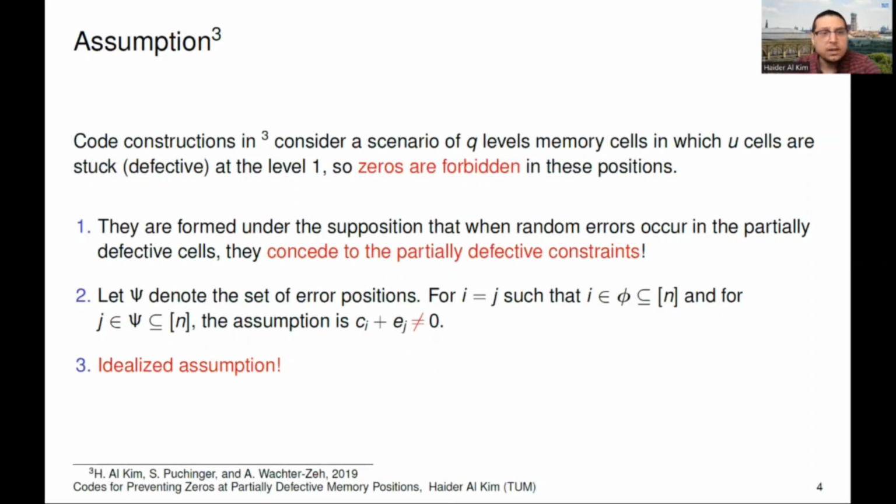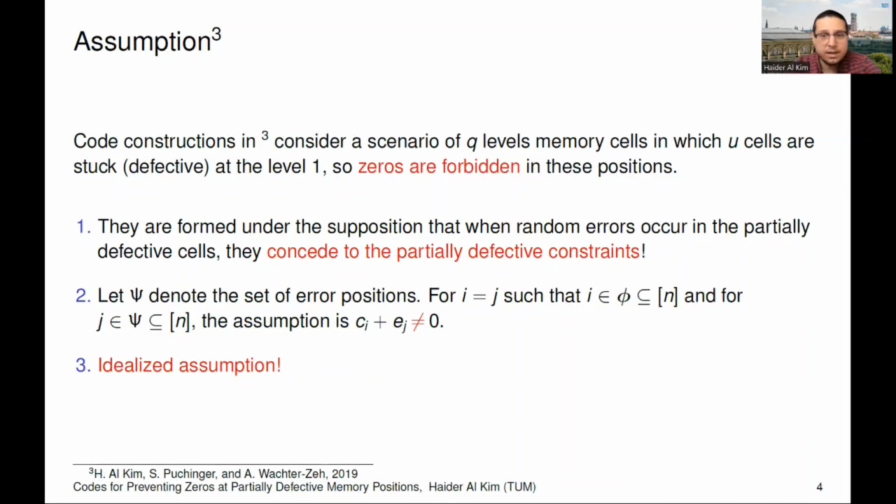These constructions in 3 are formed under the supposition that when random errors occur in the partially defective cells, they coincide with the partially defective constraints. Assume we have some set psi representing the error positions and some set phi representing the partially defective positions, for any i equal to j in the set from n, where n is the number of memory cells and also the code length.